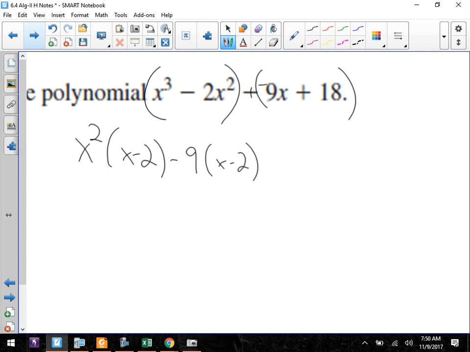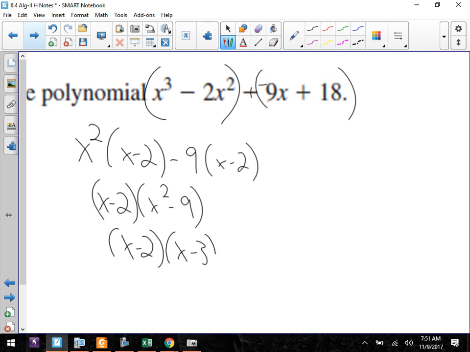Yes. Write it down. And then you're left with x squared minus 9, which is, what's x squared minus 9 then? X minus 3, x plus 3, very good. And then you're done.